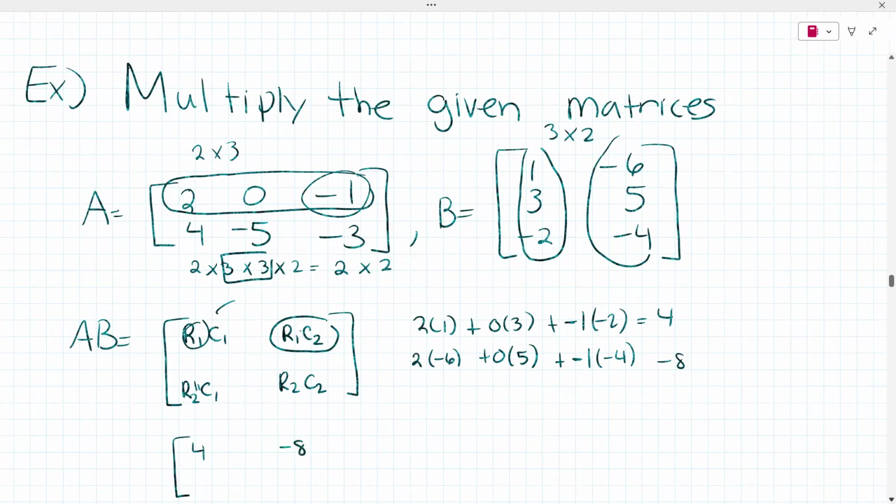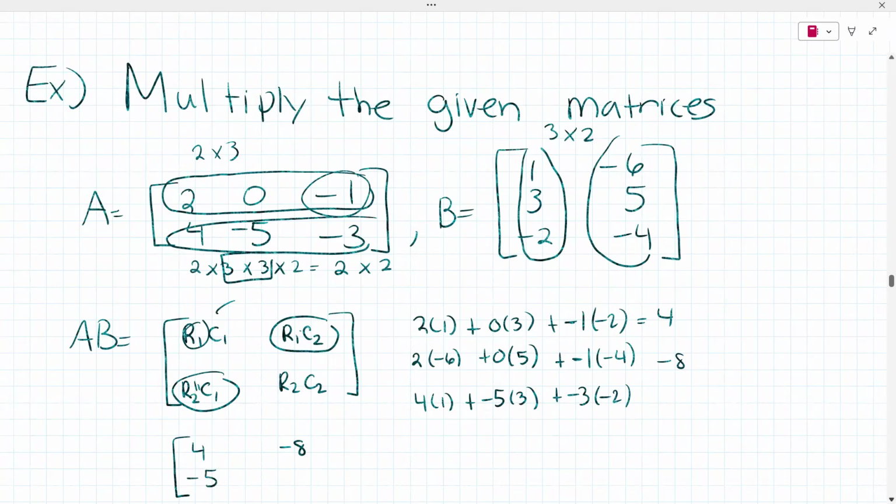Keep on going. So this one will be row 2 times column 1. So that would be 4 times 1 plus -5 times 3 plus -3 times -2. And when I do all that work, it should give me -5.